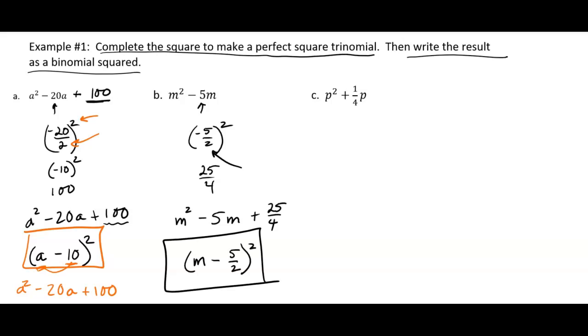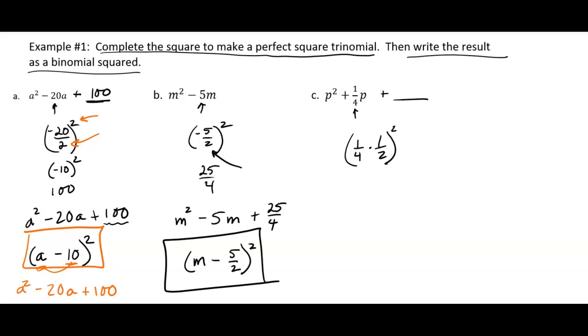Okay? All right, and some of these are a little tricky, but that's okay. Now we have p squared plus 1/4 p, and we're trying to find the number that's supposed to go right there to make it a perfect square trinomial. So you take the b, the 1/4. Now how are you going to divide that by 2? You're going to multiply it by 1/2. It's already a fraction, so multiplying by 1/2 and dividing by 2 is the same thing. Then we have to square it.